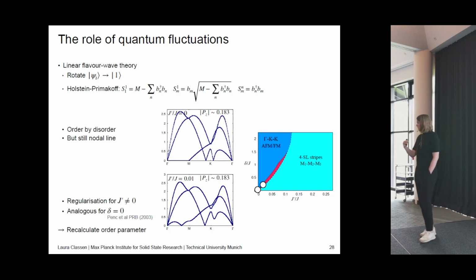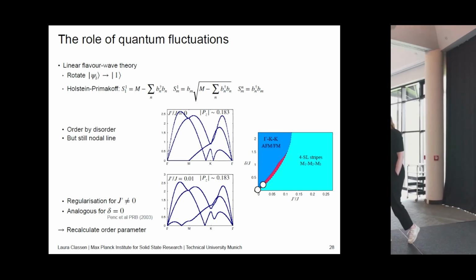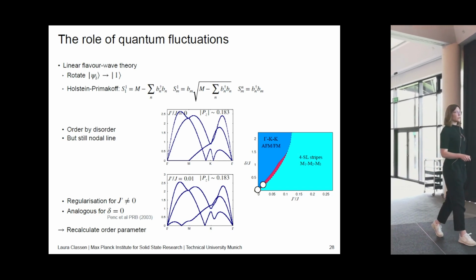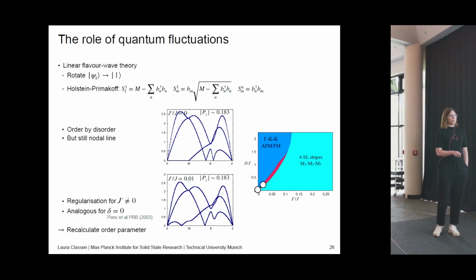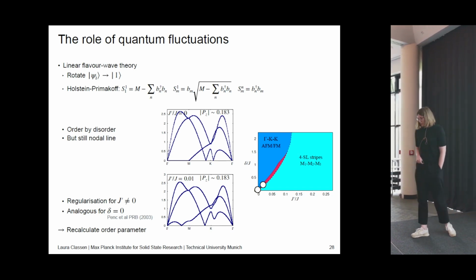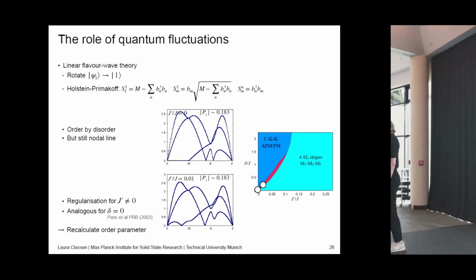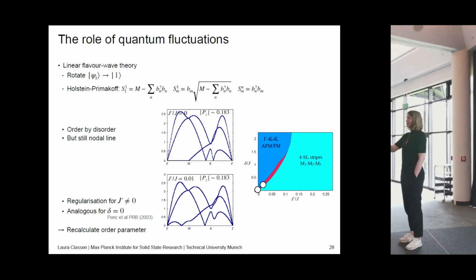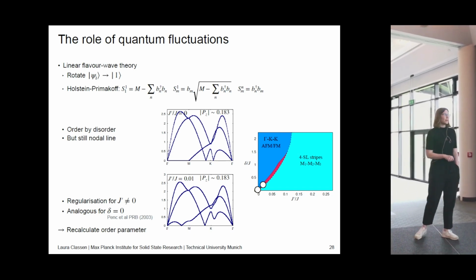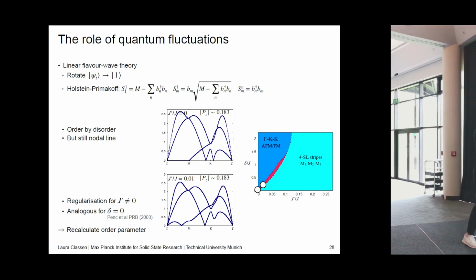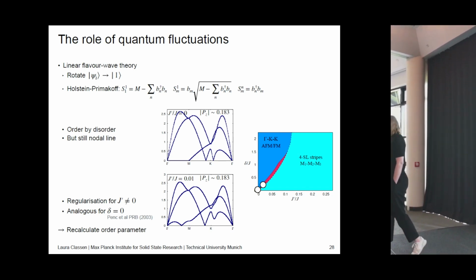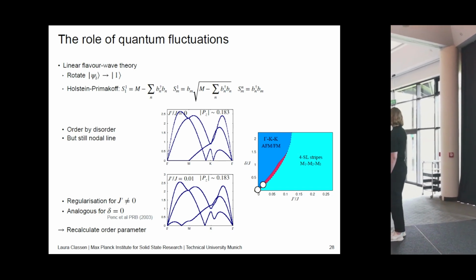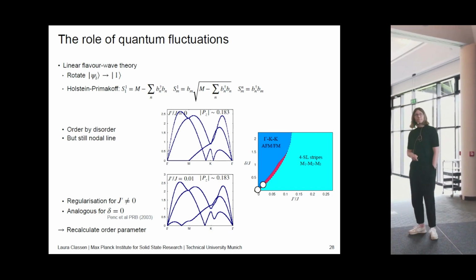And the only way we can cure these zero excitations is by introducing a finite J prime, and then you see that it becomes gapped. This in turn allows us to continue the calculations without having to deal with infinities and see if the order parameter remains a good order parameter or if these quantum fluctuations destroy the mean field order.